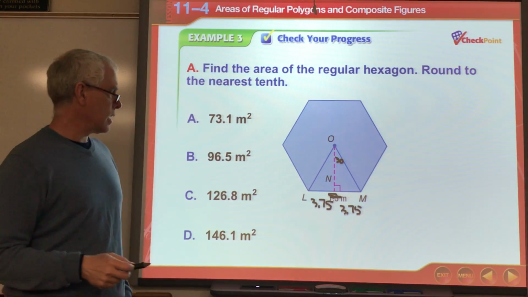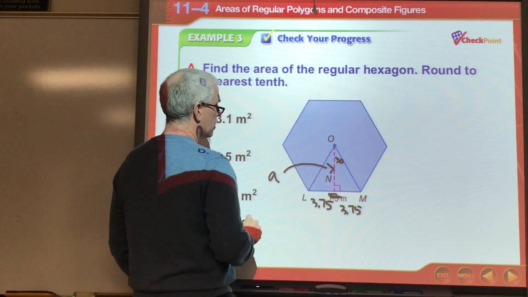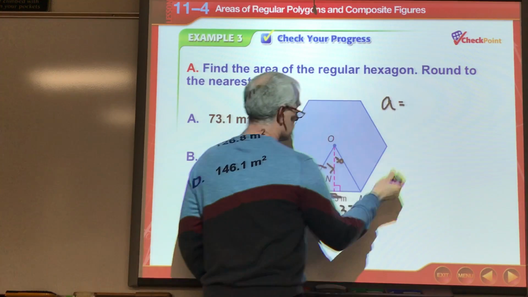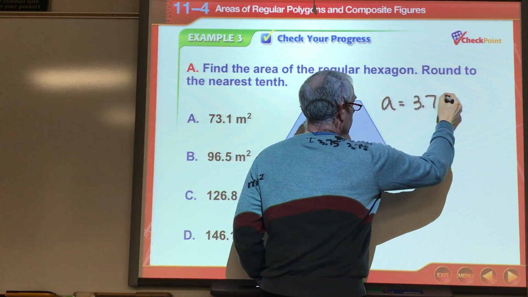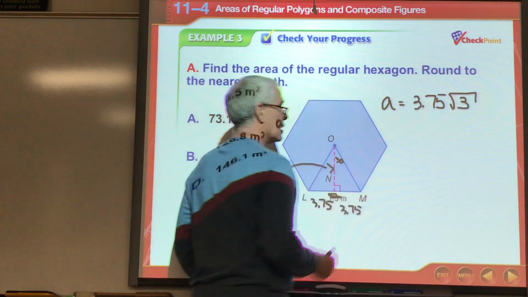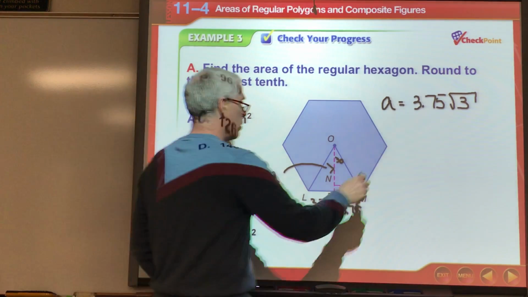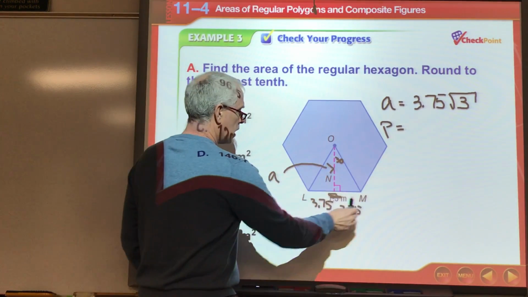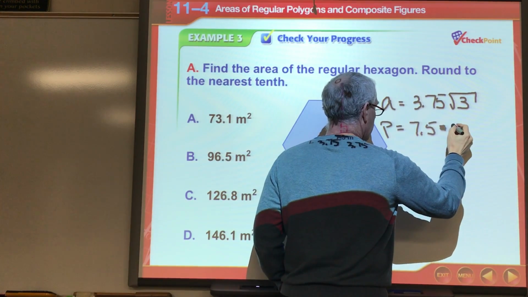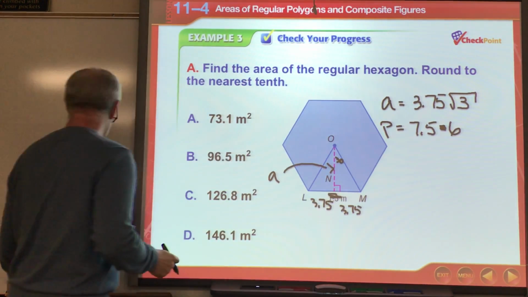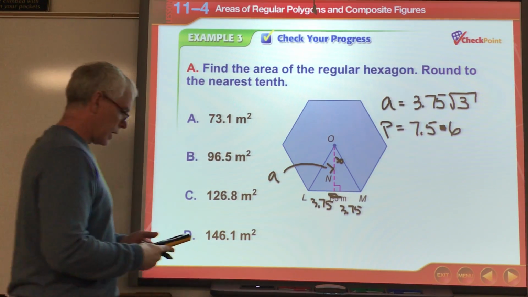Because I have a 30, 60, 90 triangle, my apothem here is going to be the short leg, which is 3.75, times the square root of 3. That's my 30, 60, 90 information from chapter 8, okay? And my perimeter, okay, one side was 7.5, and there are 6 sides. So 7.5 times 6, I think is 45, but I'll check, yep.